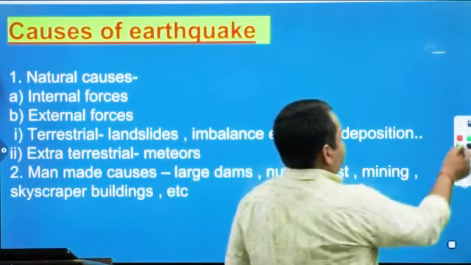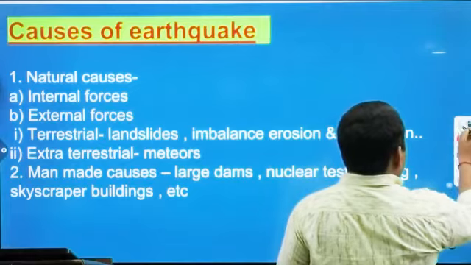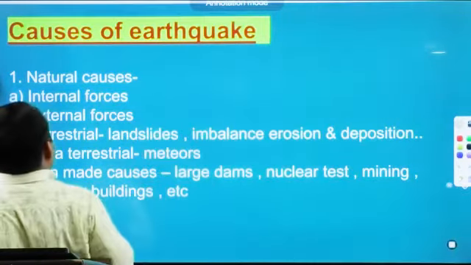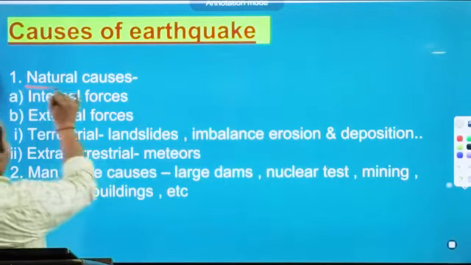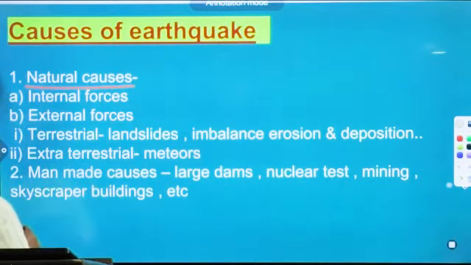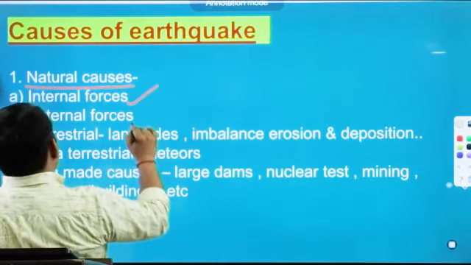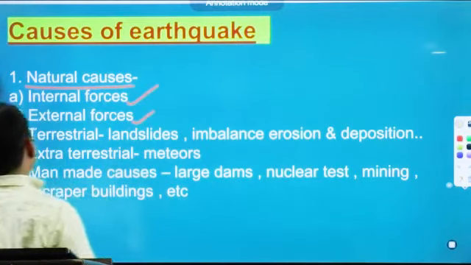What are the causes responsible for occurrence of earthquake? One is the natural cause. Within natural causes, there can be internal forces as well as external forces, right?